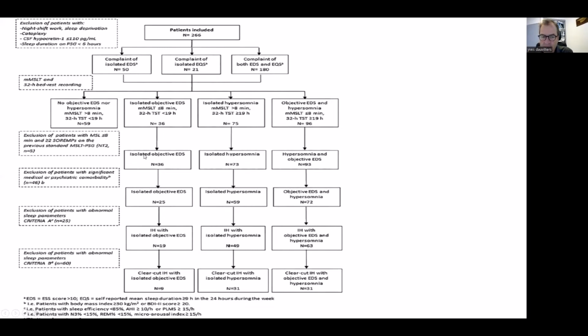And we exclude for sure patients with cataplexy, shift work, depression. After we exclude patients with some SOREMs on the MSLT. And after, do we need to exclude patients with some depressive symptoms, obesity, AHI above 10, PLMS above 15? What about microarousals? What about sleep efficiency, percentage of NREM and REM?